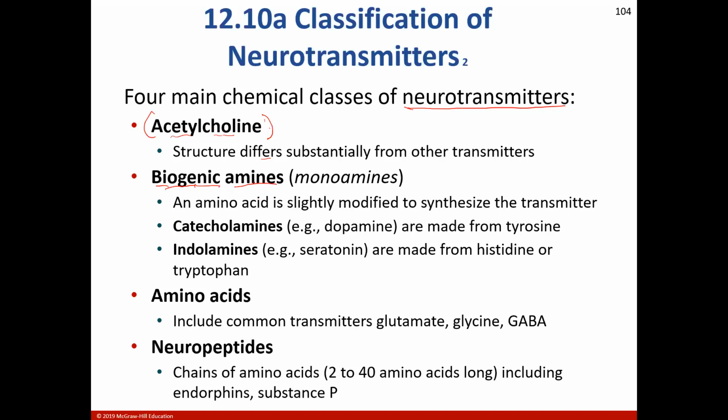So these are your protein-based neurotransmitters. I'm going to use the term catecholamine sometimes. I'll never really say the word indolamines. But catecholamines make neurotransmitters like dopamine, but also, I don't know why it's not saying here, epinephrine.